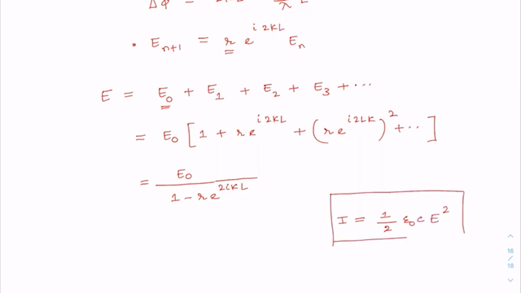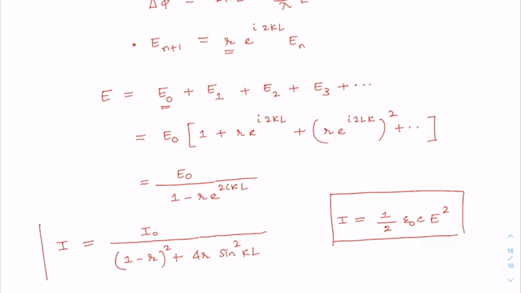So utilizing this relation, if you take the mod square, you can easily get the intensity inside the resonator: I0 divided by 1 minus R whole square plus 4R sine square kL. So this is the intensity we are going to obtain inside the cavity.